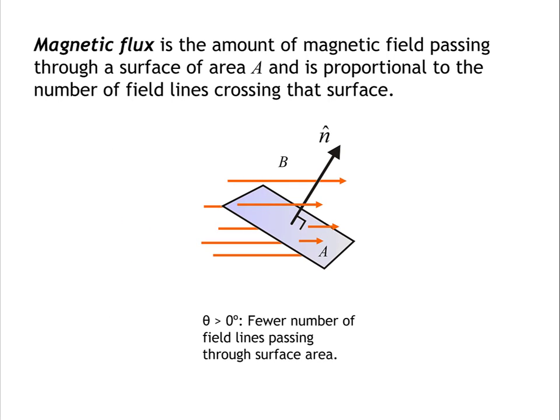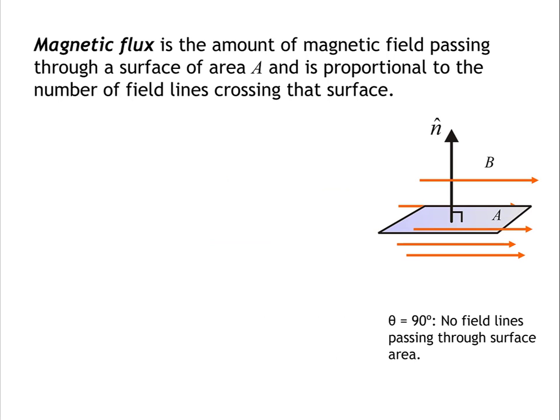When we change the orientation of the surface relative to the magnetic field, fewer field lines cross the area. So here I count 3 field lines, whereas when the angle between the magnetic field and the surface area vector was 0 degrees, we had 5 field lines. Now the angle is some non-zero value. We have fewer field lines crossing the area.